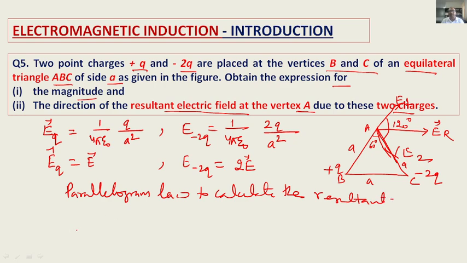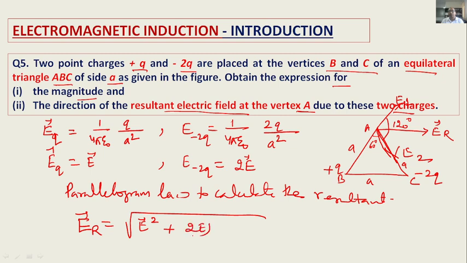And in this case, ER will be equal to whole root E1 square, that is E square, plus second one 2E whole square, plus twice E1 E2.